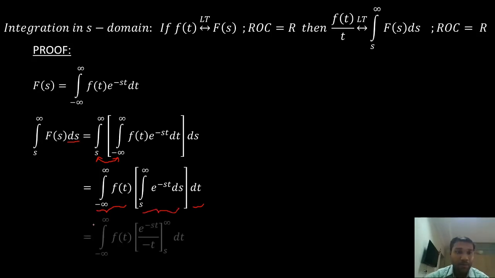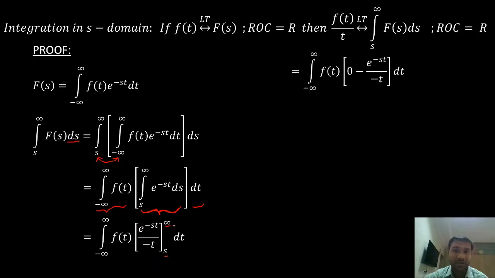Now if I integrate this part, what will I get? e power minus st divided by minus t with my limits s and infinity. I'm substituting those limits and this is what I arrive at.